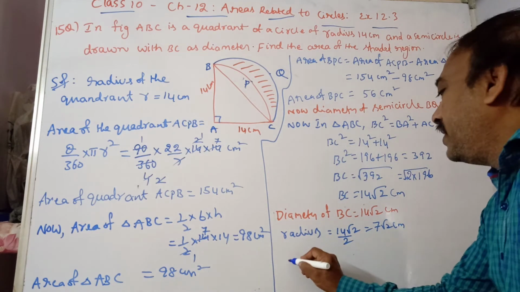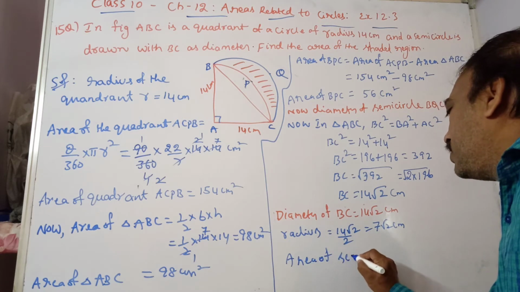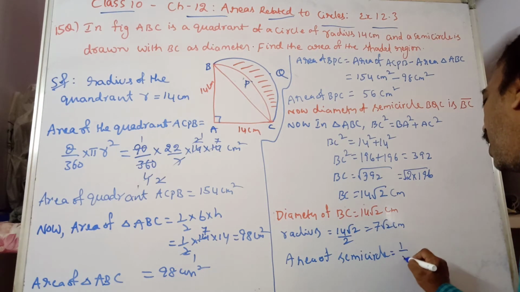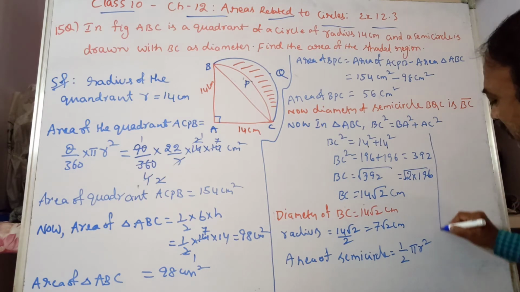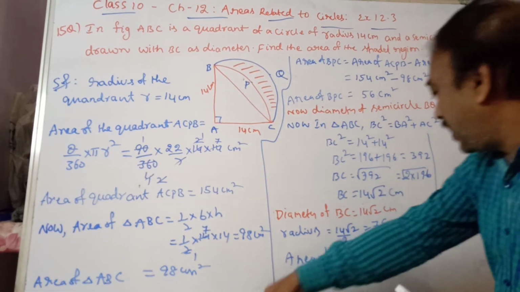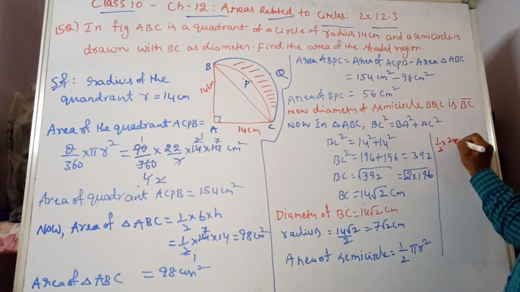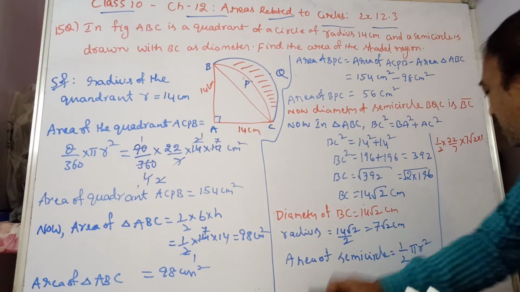As we know, area of the semicircle is half pi r square, which is equal to 1 by 2 into 22 by 7 into radius 7 root 2 into 7 root 2.